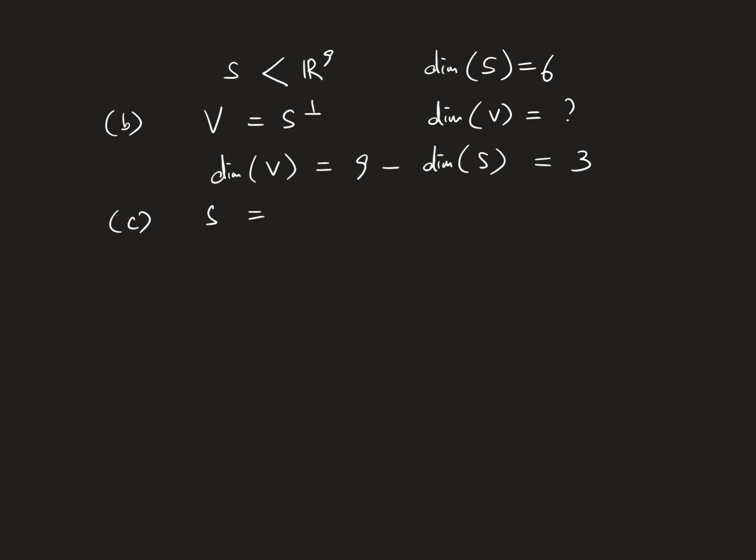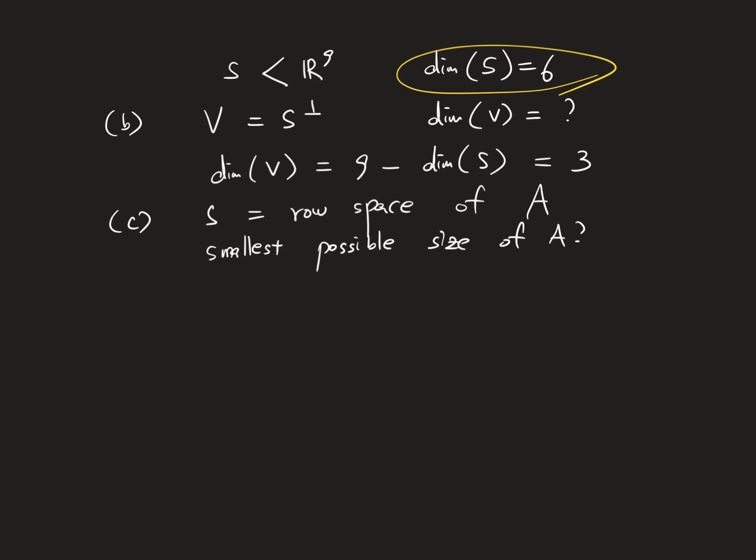And S is the row space of A, and what is the smallest possible size of A? Well, in this case, we know the row space of the A matrix has dimension 6 already, and also it's a subspace of R9.